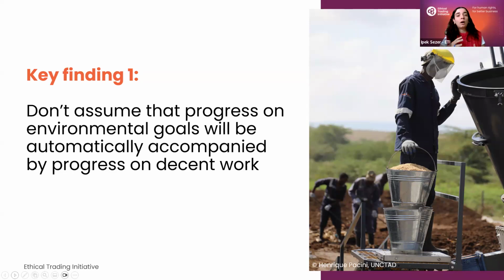Many workers who are driving these environmental solutions are still working in difficult and sometimes hazardous conditions, handling contaminated materials, working outdoors in extreme temperatures, in waste collection, sorting, and recycling. All this does not mean that environmental initiatives are failing. That is not the message here at all, but it does mean that decent work needs to be integrated intentionally rather than assumed to happen automatically. Next slide, please.